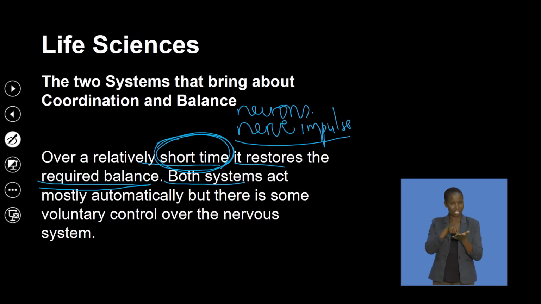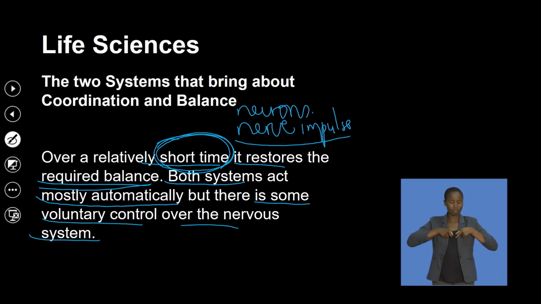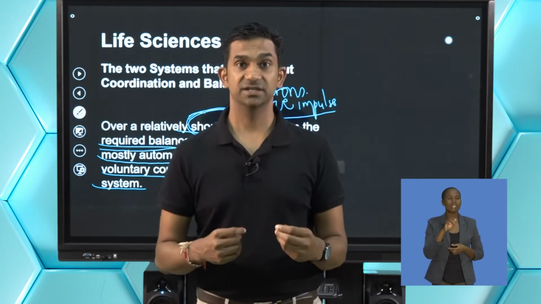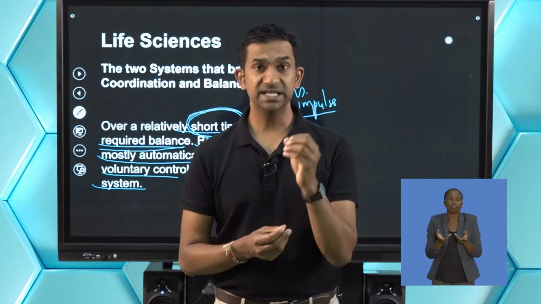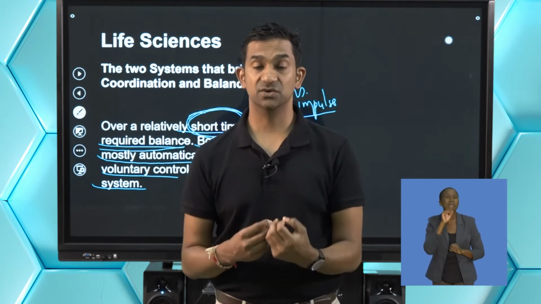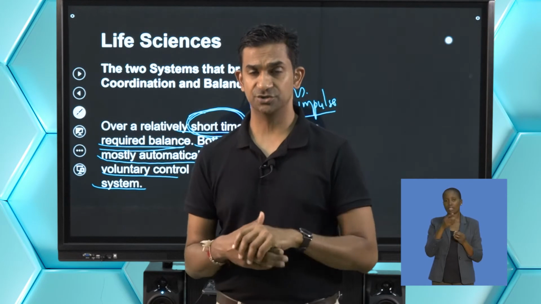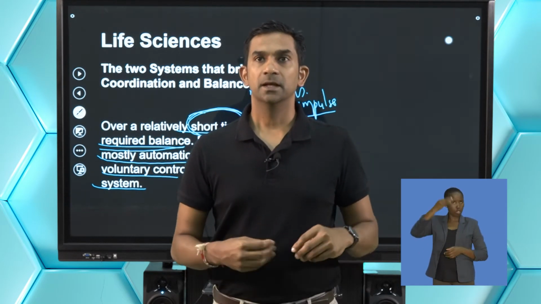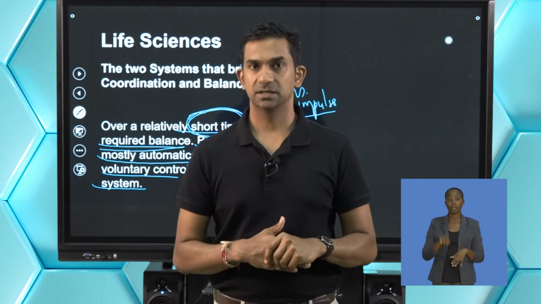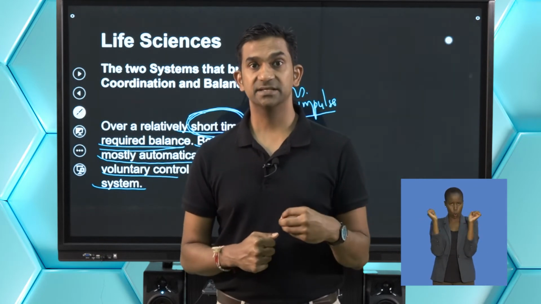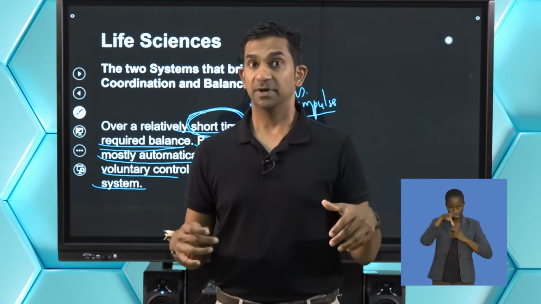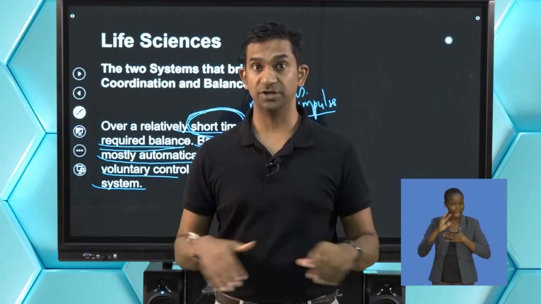Both systems act mostly automatically, but there is some voluntary control over the nervous system. So essentially, balance and coordination is an involuntary process. What does that mean? It essentially means that these processes occur without our conscious control, meaning that if the body temperature increases, the body recognizes that and responds by putting in mechanisms to cool the body down.